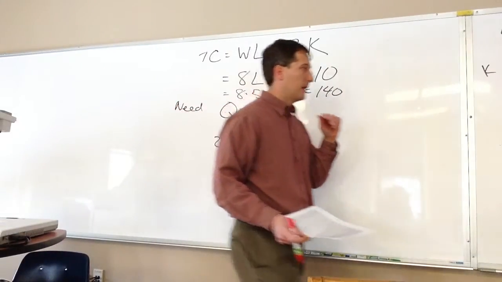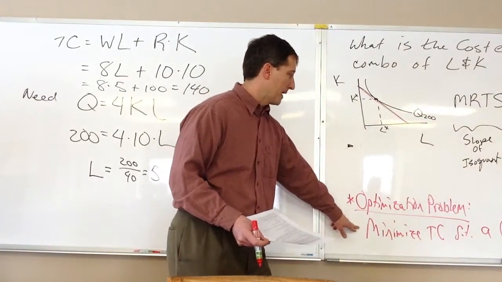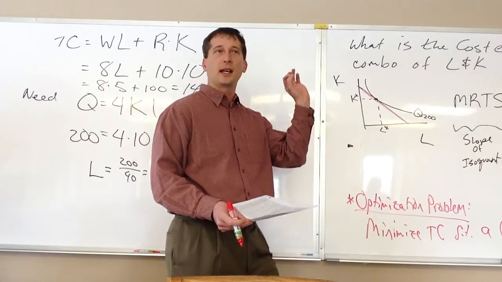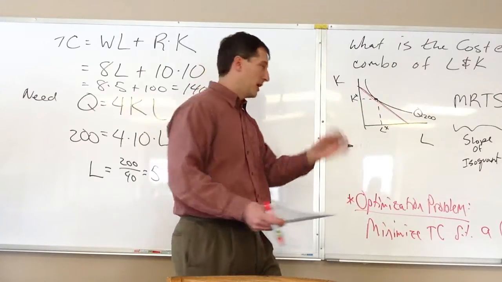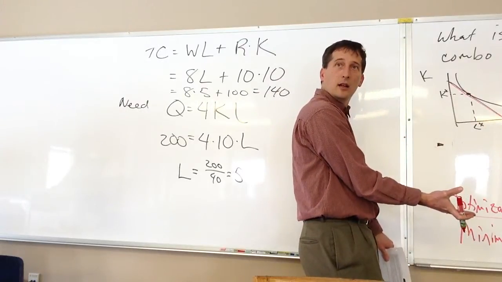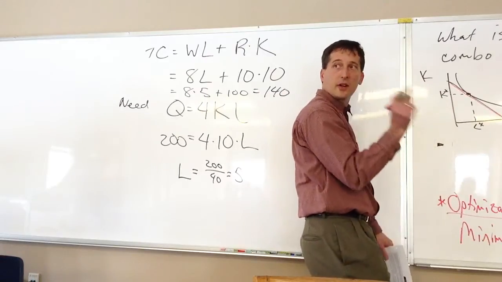You also want to remind yourself of the choice variables. So I'm going to minimize total cost subject to a quantity constraint by choosing an optimal level of what in this case? An optimal quantity of labor and capital. Those are my choice variables.